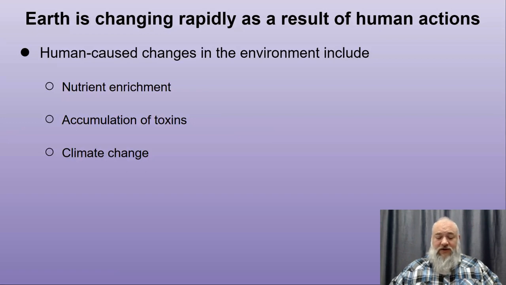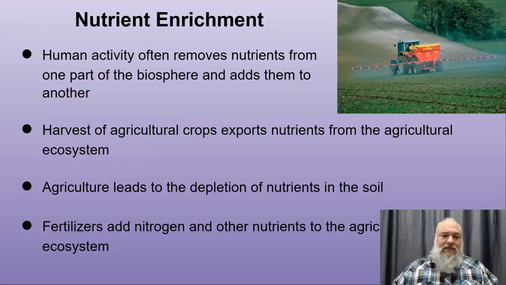When we stop fires, the regular fires that kept everything in balance, or kept disturbances from being too crazy, have changed, and we get a lot more forest fires. But nutrient enrichment, accumulation of toxins, and chemical change are three we want to talk about specifically here.